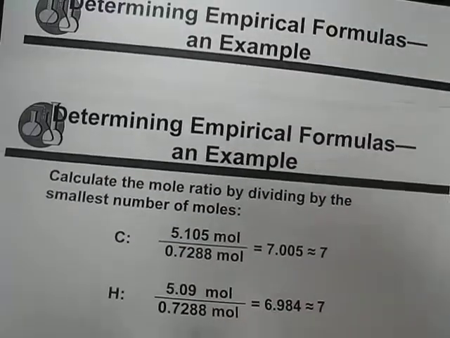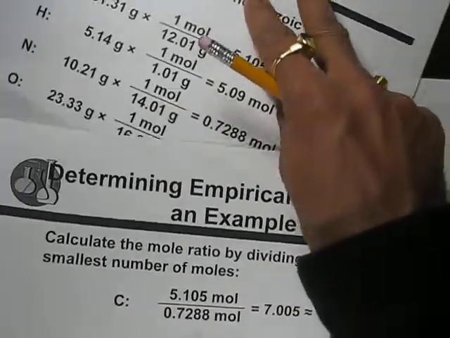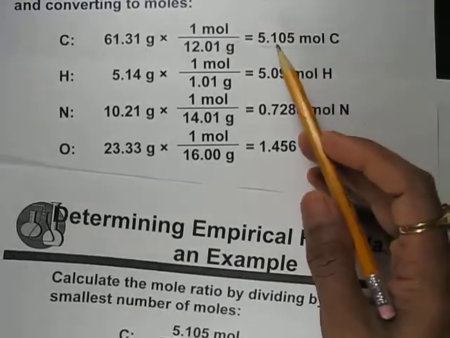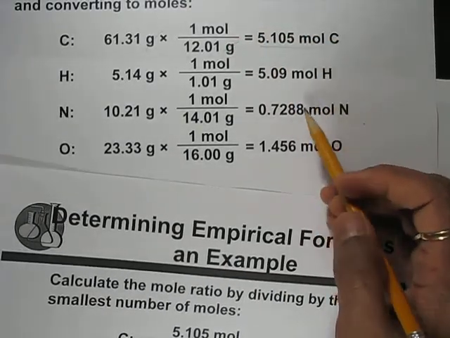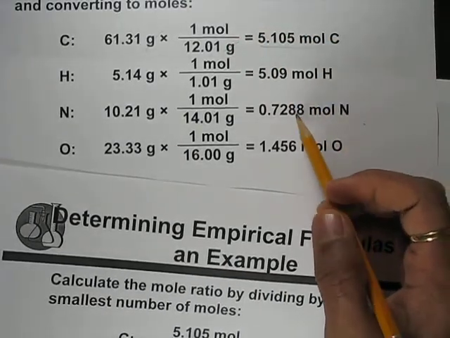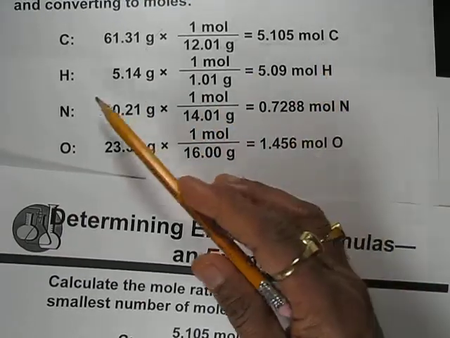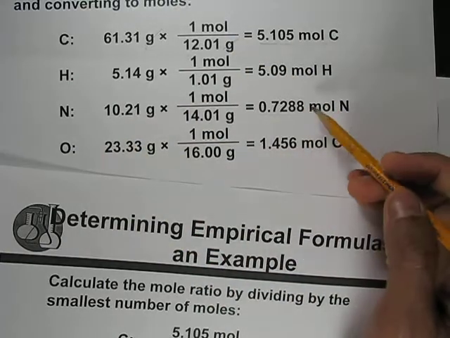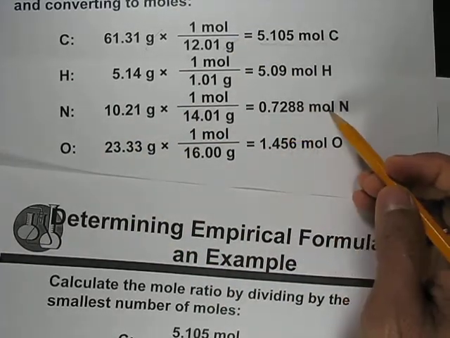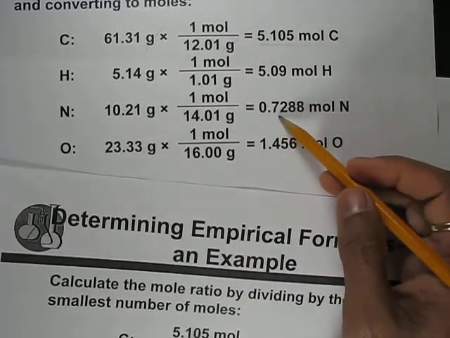So what we have to do, you can see we have to divide each mole by the minimum number of moles. Out of the carbon, hydrogen, nitrogen and oxygen, the minimum number of moles is for the nitrogen, which is 0.7288.